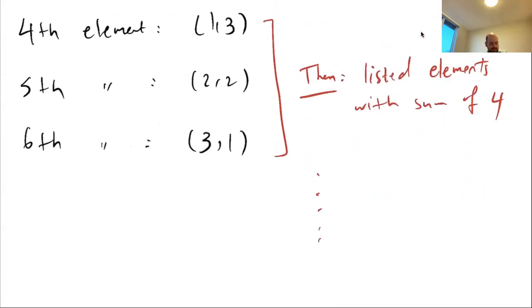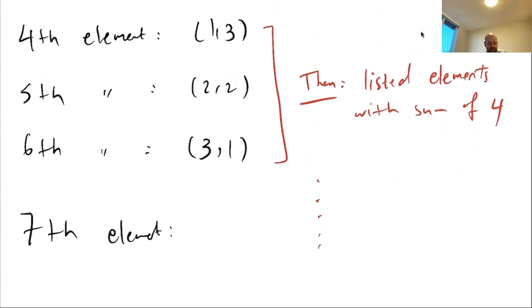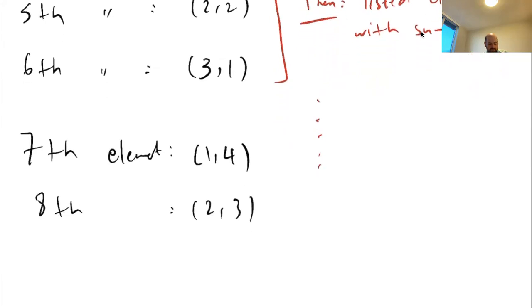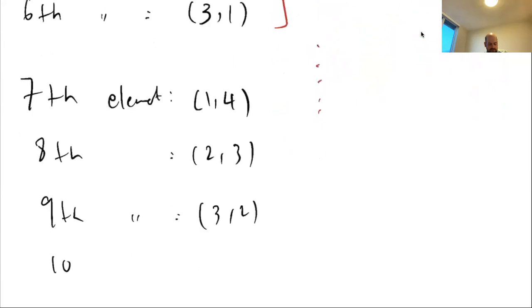So you can probably guess that the seventh element is, so the sum of 4 is listed already. Now the sum of 5. A sum of 5 could happen as (1, 4), for example, right? And then the next one, 8th, (2, 3), 9th, (3, 2), and 10th, (4, 1).